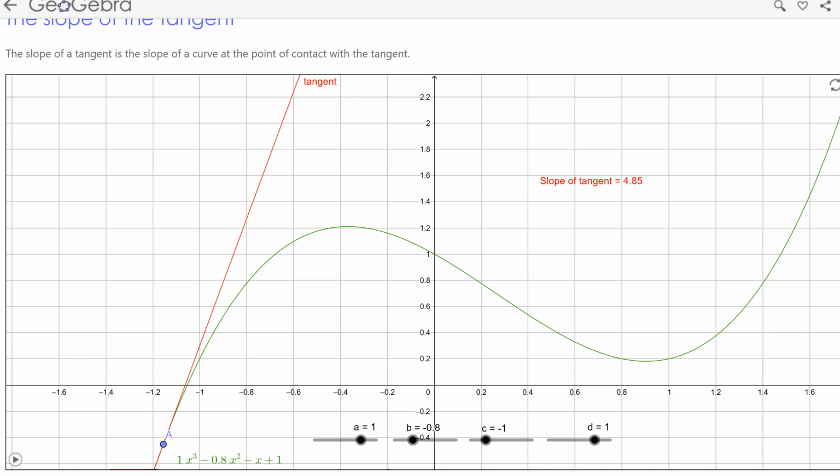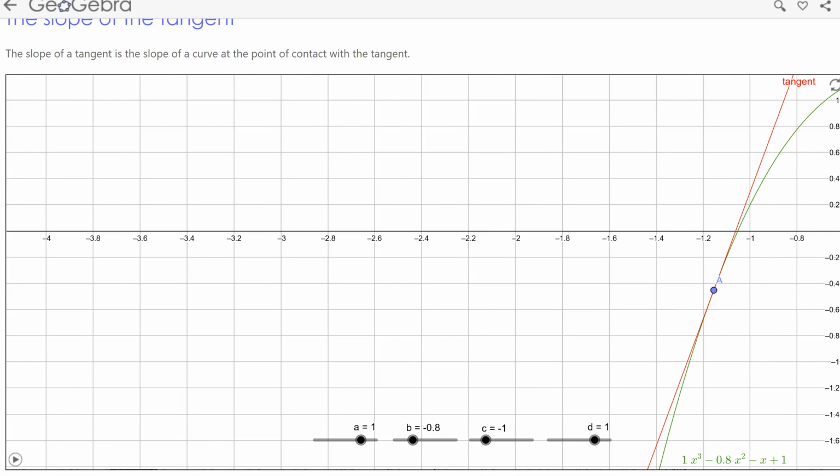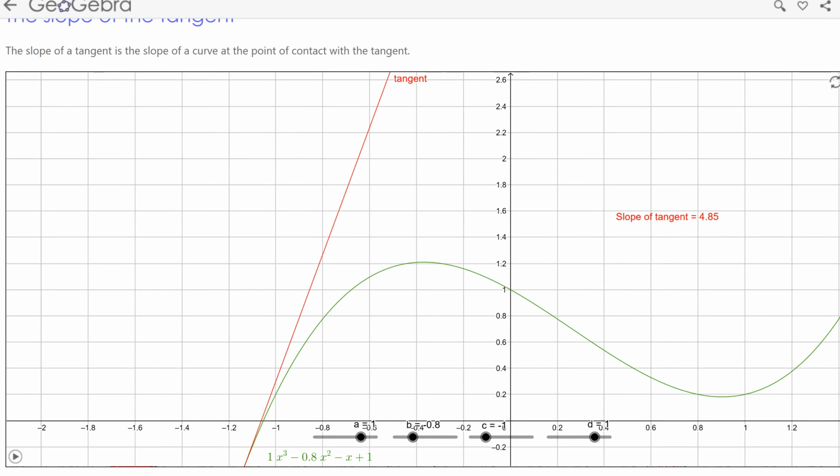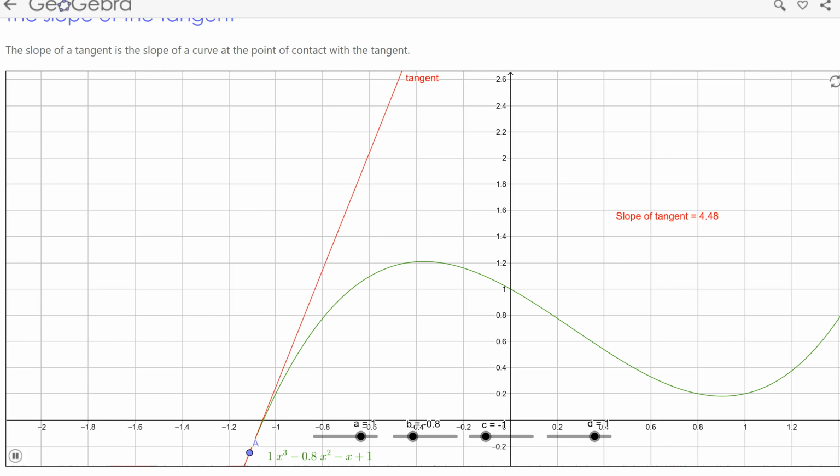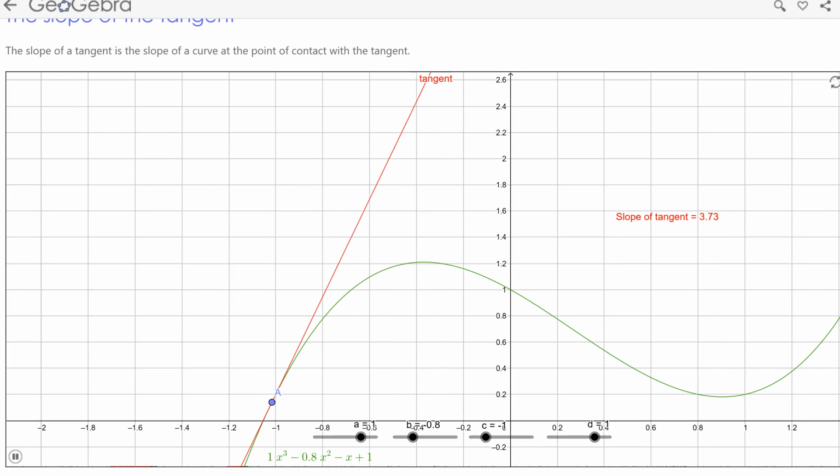And if you look at the value of the slope of the tangent, you can see at the moment that it is a large positive number, 4.85, and we expect eventually that it will get smaller and smaller, and as it gets to the top of this first bump here, it's going to equal 0 momentarily, which again is an important point for later on.